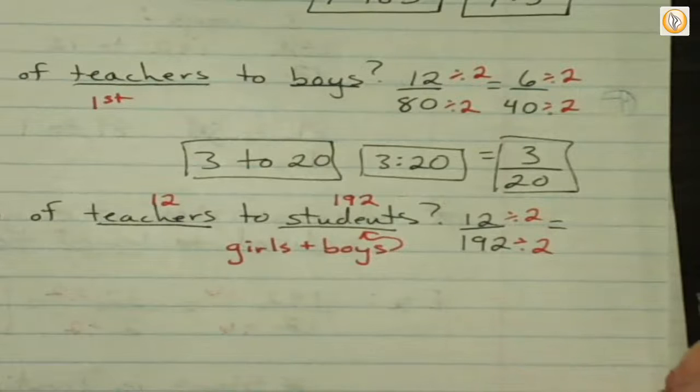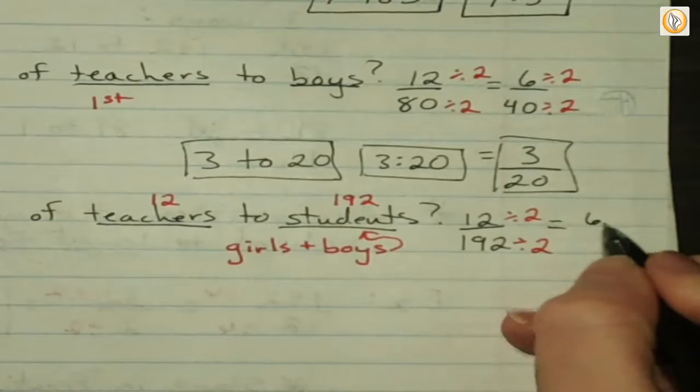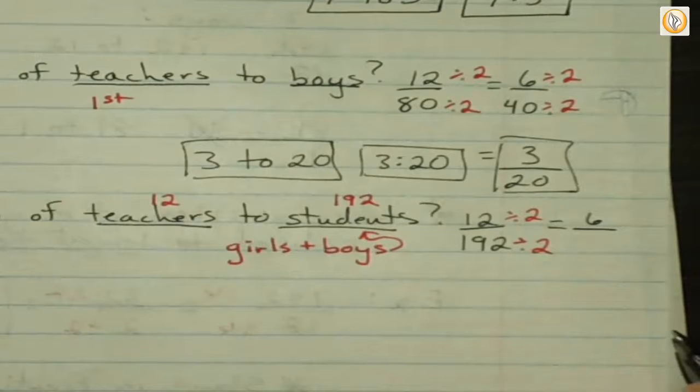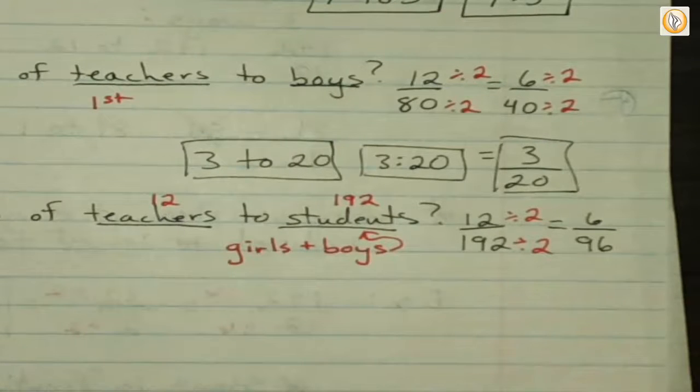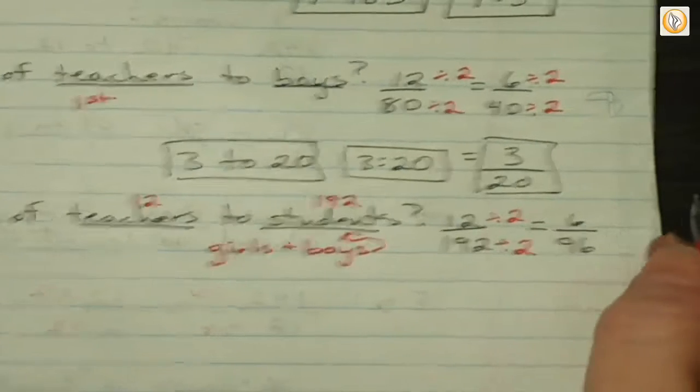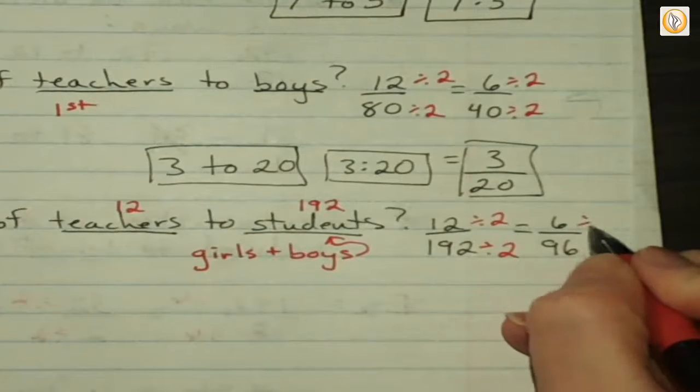So 12 divided by 2 would be 6. Okay, 96. All right. Can we reduce it further? Yes. By what? 2.